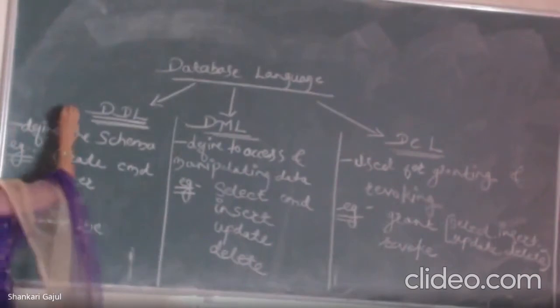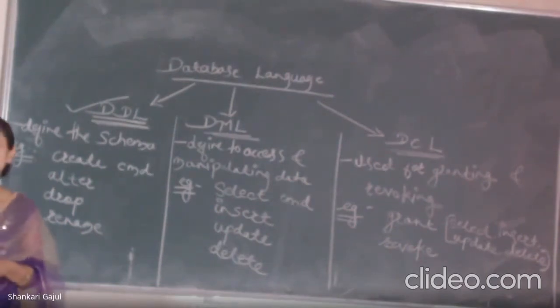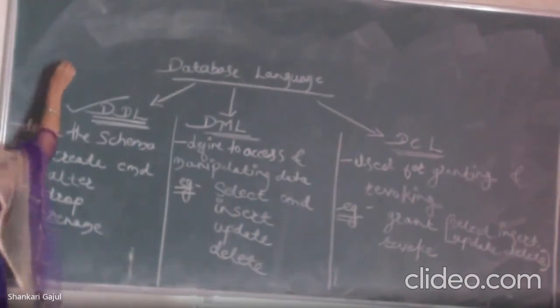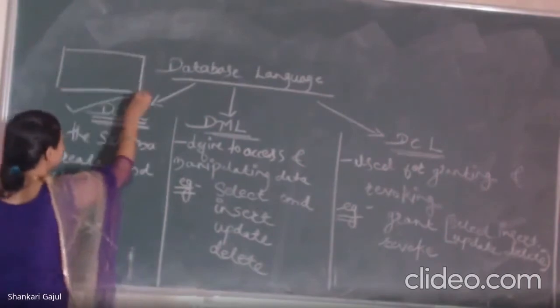So what do we mean by data definition language? DDL stands for data definition language. This language is used to define the schema. We have already discussed what a schema is. The schema is used to define the overall structure of the database. Suppose this is my table.